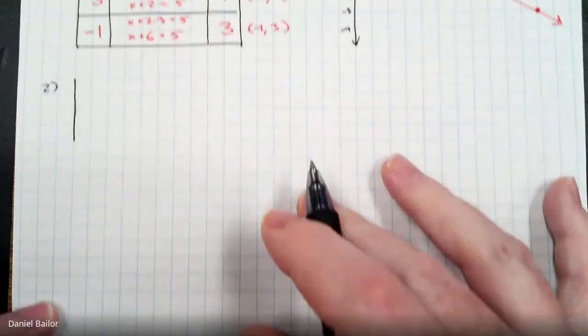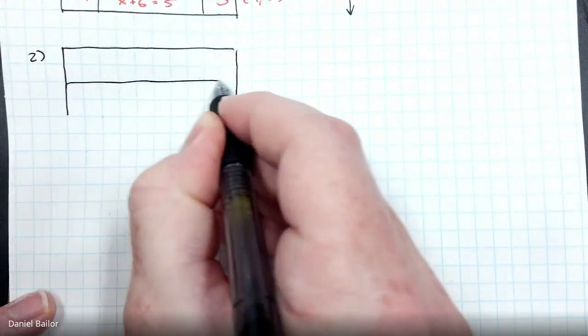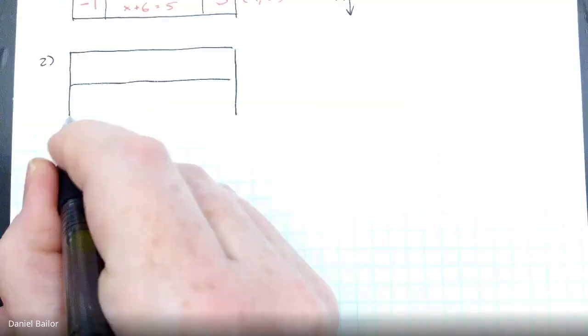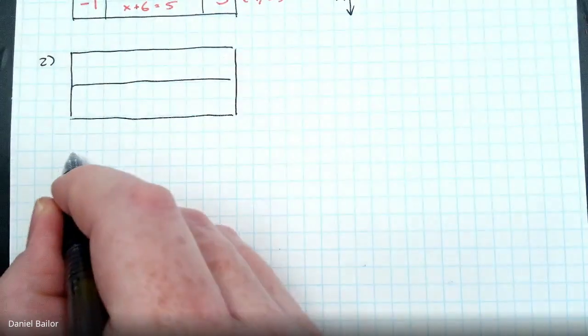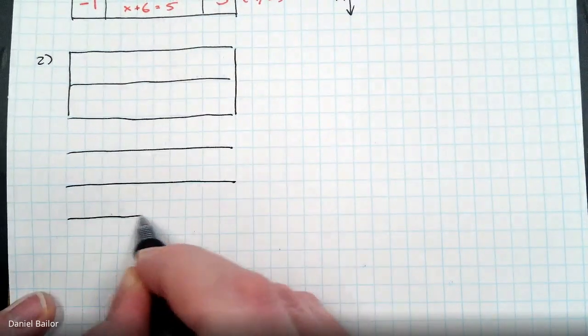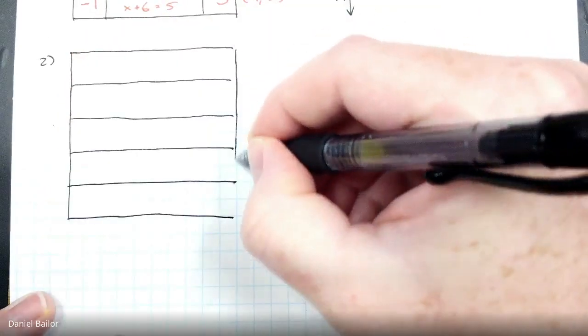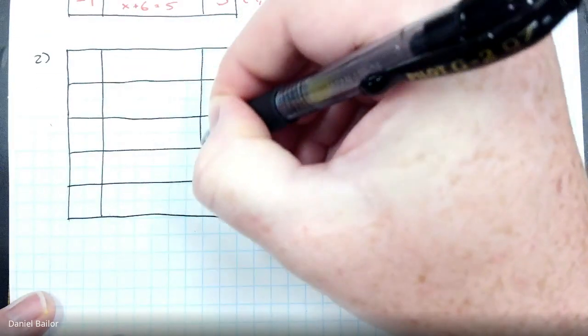So again, I'm going to build my table. And I'm going to use the top one as a model because I still need 4 points. So there's 1 coordinate, 2, 3, and 4. 1 top row to label everything, and 4 rows for my 4 coordinates.